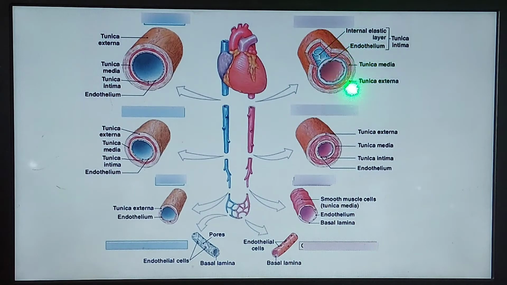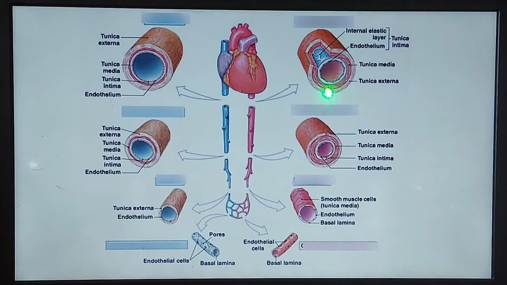Outside the elastic tissue there is an external elastic lamina, and this makes the vessel more elastic. That is why we can classify the arteries according to the content of the media into elastic arteries, muscular arteries, and arterioles. So this is the classification of the arteries.